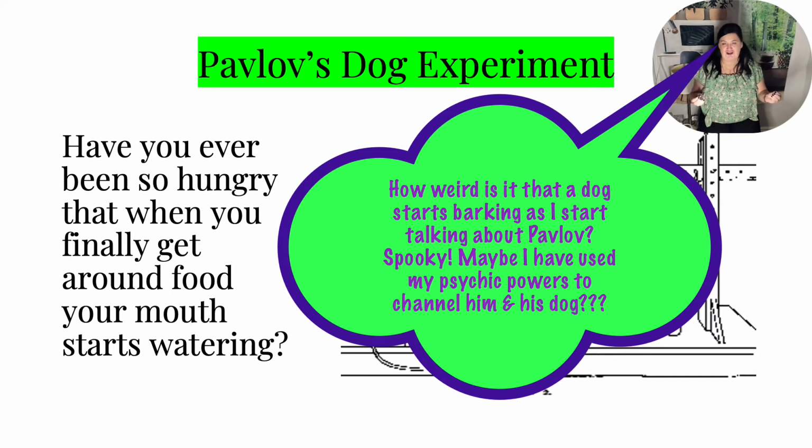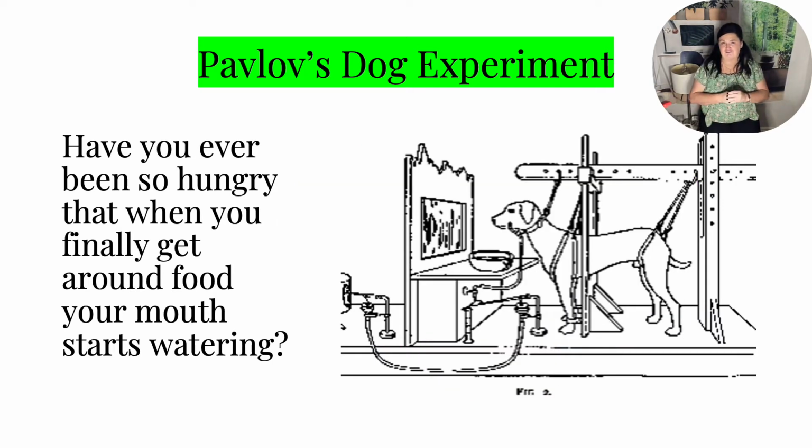So just like how we get hungry when we see food and we haven't had it, what he would do is ring the bell and then give the dog a treat. He would ring a bell, give the dog a treat. He would ring the bell again and give the dog a treat. And he would do this over and over again until finally he would ring the bell and withhold the treat.